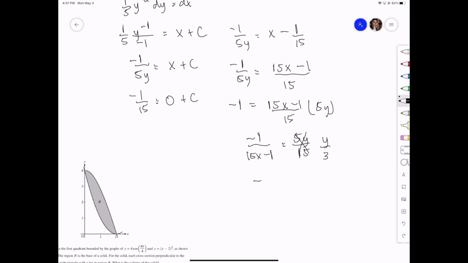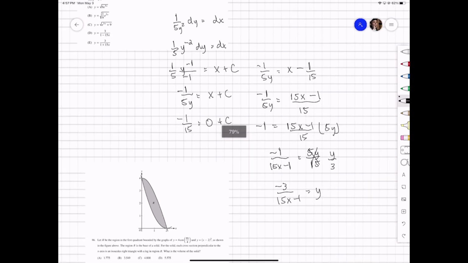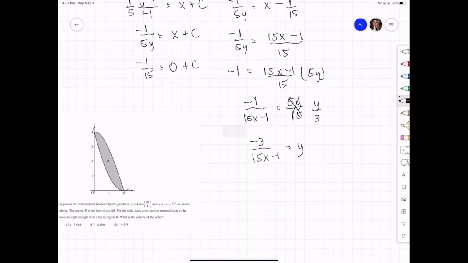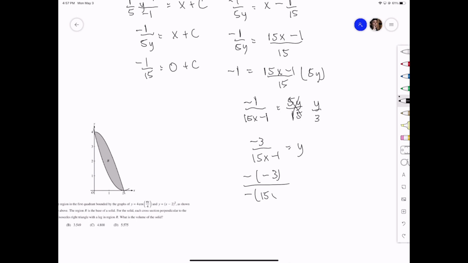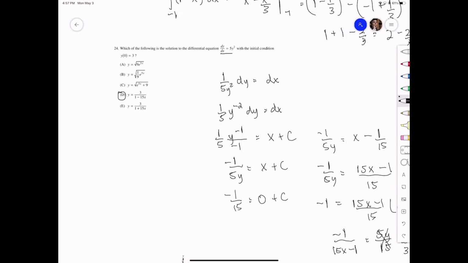So this is negative 3 over 15x minus 1 equals y. Okay, so there's no answer choices that are in this form, but we can factor out a negative 1. So negative 3 over negative 15x minus 1 equals y. So that's 3 over 1 minus 15x equals y. D.